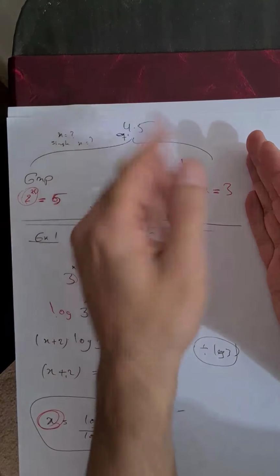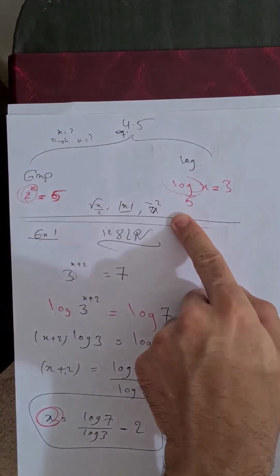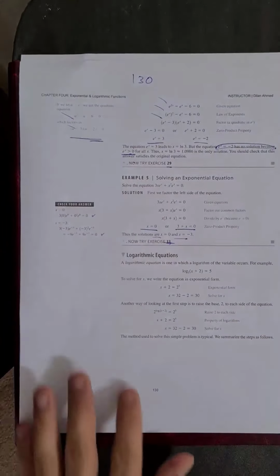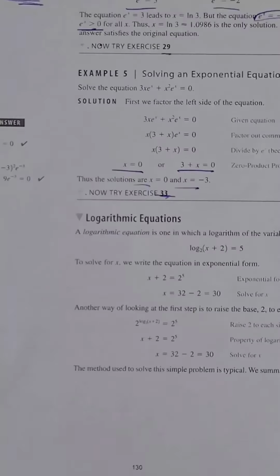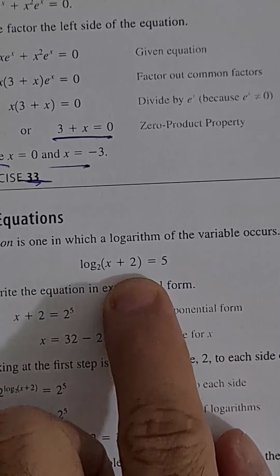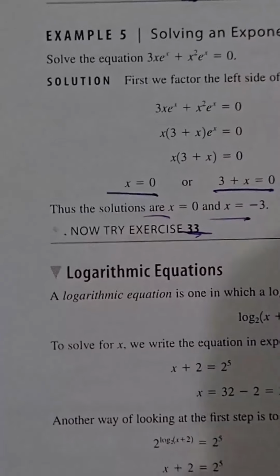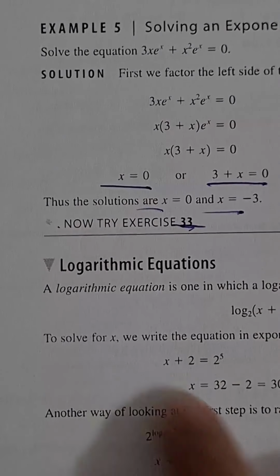Next I'm going to deal with the logarithmic equation. In the logarithmic equation, we have a logarithm with x and an equality, so your duty is finding the single value of x.